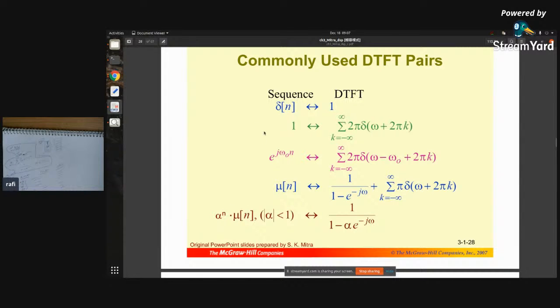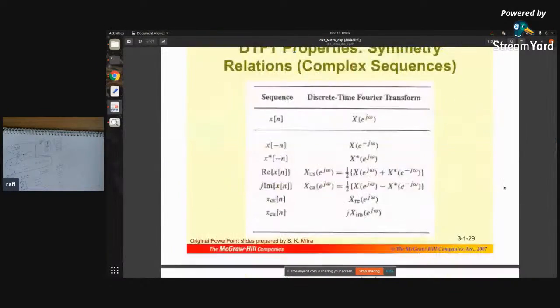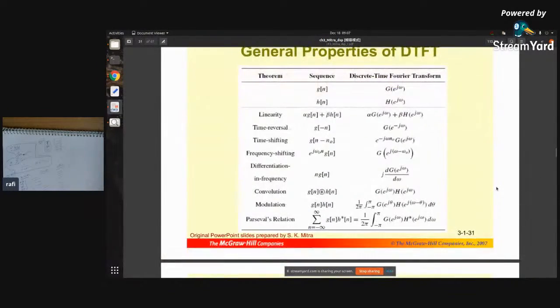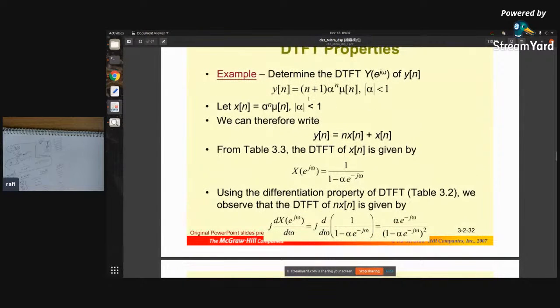These signals won't be that simple. So if you take some complex signals like some combination of this, n plus 1 alpha power n u of n.